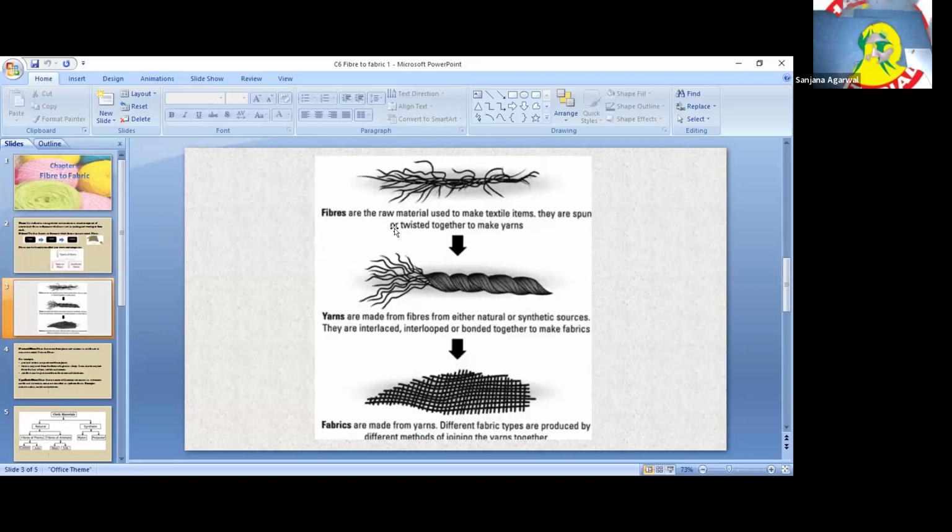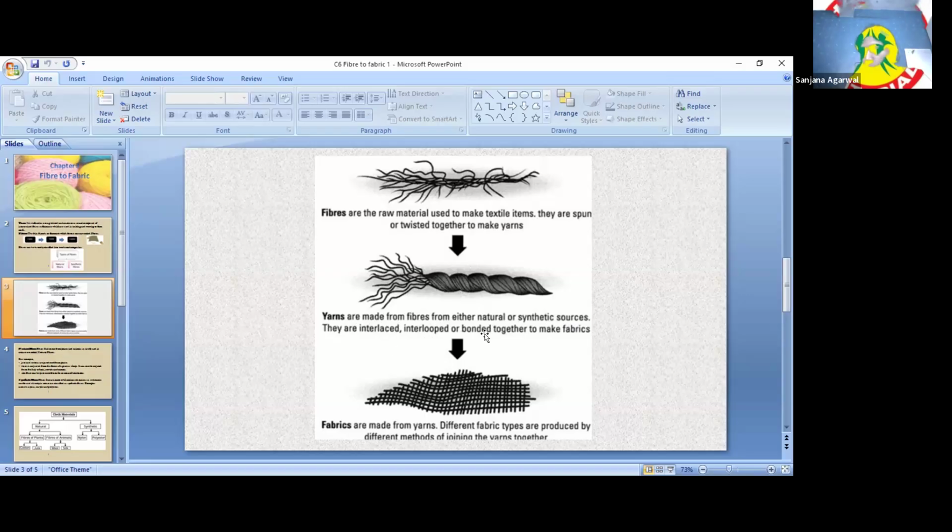So here, fibers are the raw material used to make textile items, and they are spun or twisted together to make yarns. Now yarns we make from these fibers only. You can say fibers are the discrete single strands. When we twist a few strands together, that is called yarn. Now, yarns are made from fibers from either natural or synthetic sources.